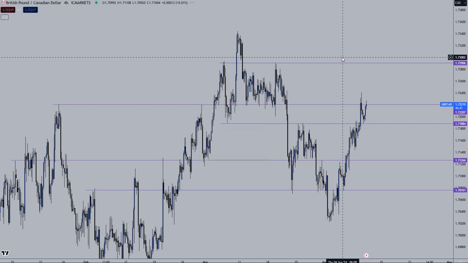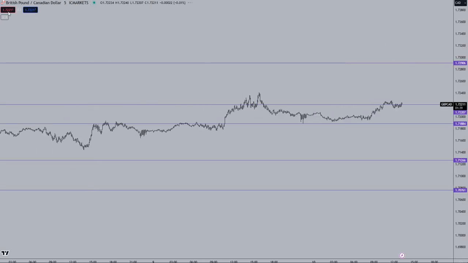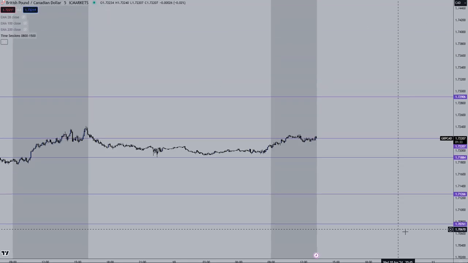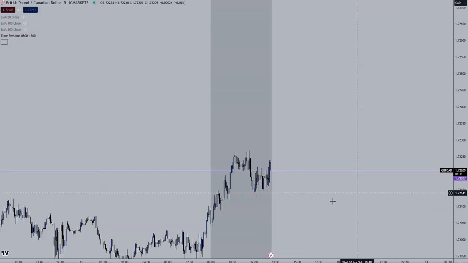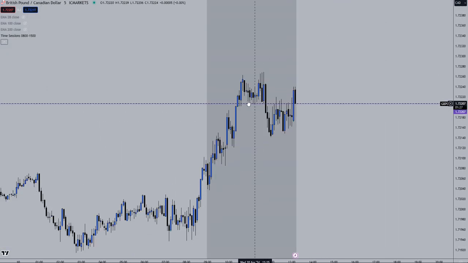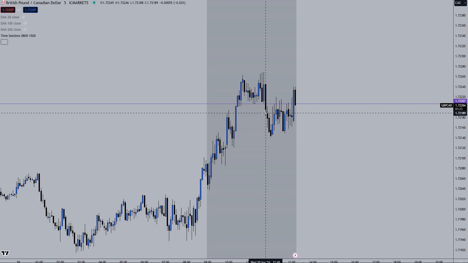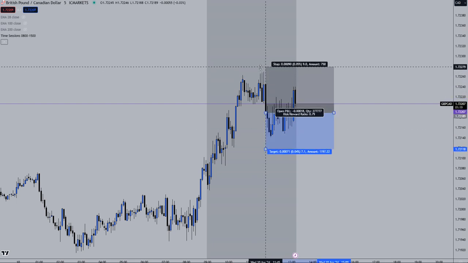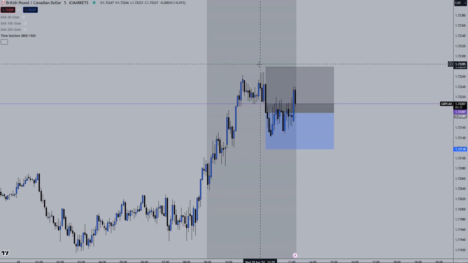The reason for my trade from this area here, if we go into the 5 minute and turn on my session times, you can see that price has come into this area, closed above it, started to consolidate, and then the minute we got this 5 minute closure below the level, I entered the position with my stop loss above where the price went.